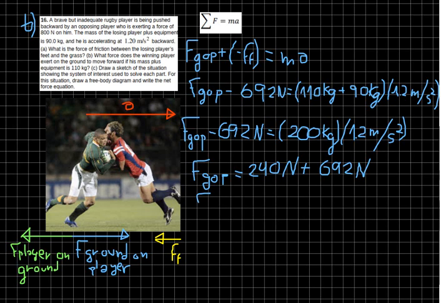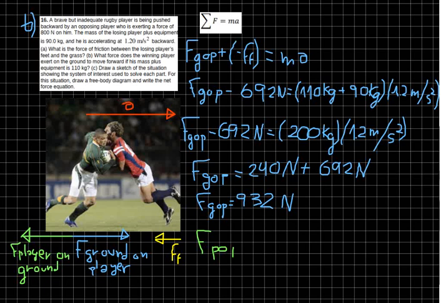Finally, 240 plus 692 is equal to 932. By the way, the exercise is not asking us about the force of the ground on the player. It's asking us about the force of the player on the ground. But according to Newton's third law of motion, that force is equal in magnitude but opposite in direction.